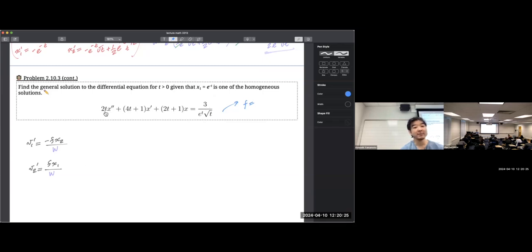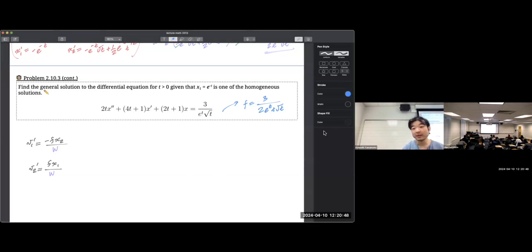So this 2t has to have been divided out, so there's only a 1 in front. That means your f is actually going to equal 3 over 2 e to the t square root of t. So that's your actual f.